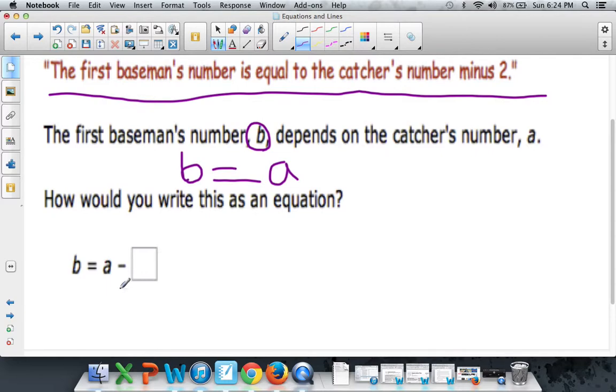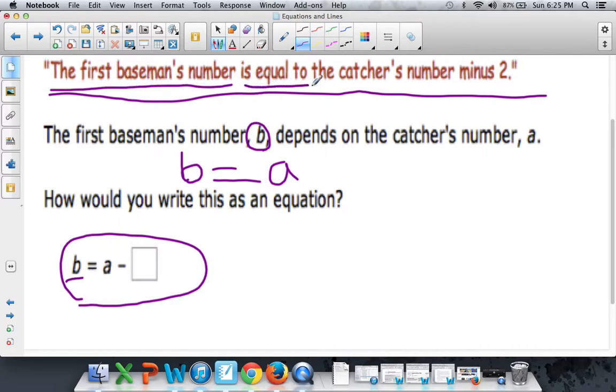You have to recognize that everything in this circle is representative of what's being said in this sentence. The first baseman's number, that's the B, is equal to, that's the equal sign. The catcher's number, that's the other variable, A, minus 2.